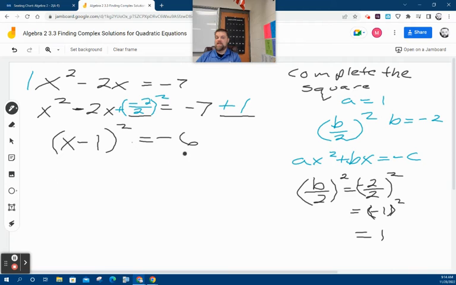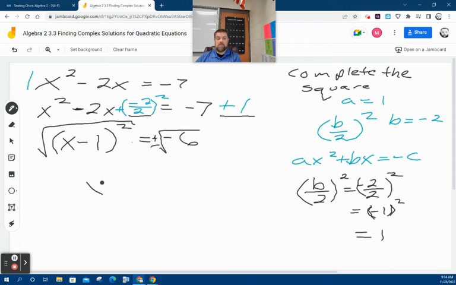Okay? Now what I could do is I could take the square root of this side, and then I can also take the square root of this side. And remember, when I take the square root of a side, I say plus or minus.